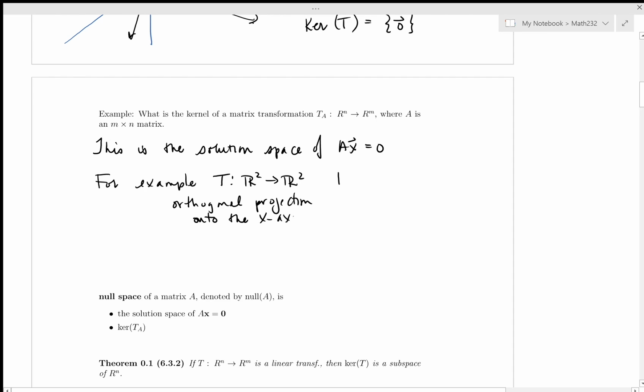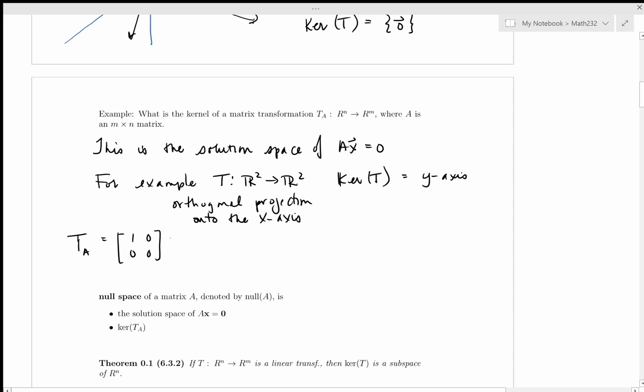And we said that by looking at it geometrically, we claim that the kernel of T is the y-axis. Okay, so the matrix that performs projection onto the x-axis looks like this.